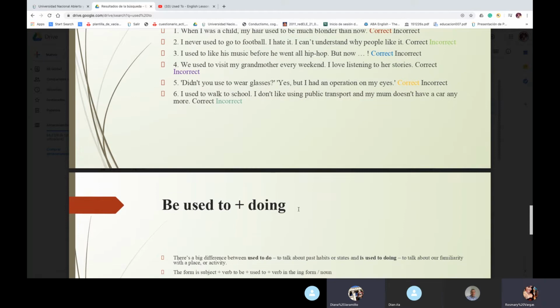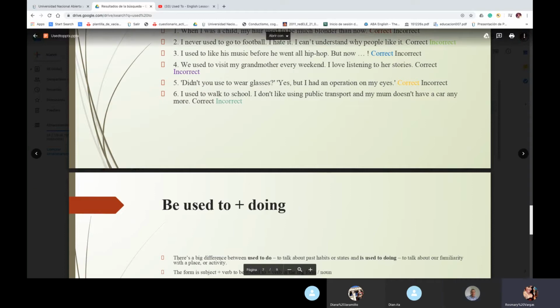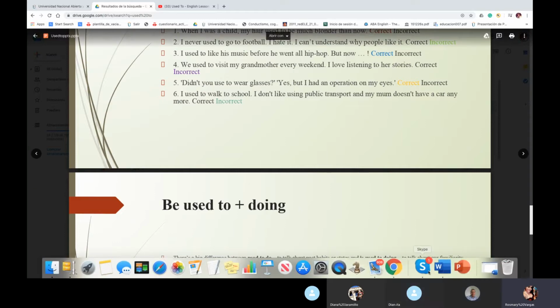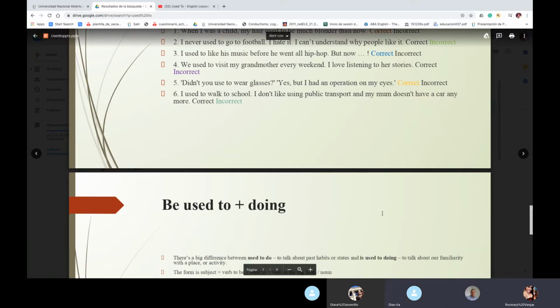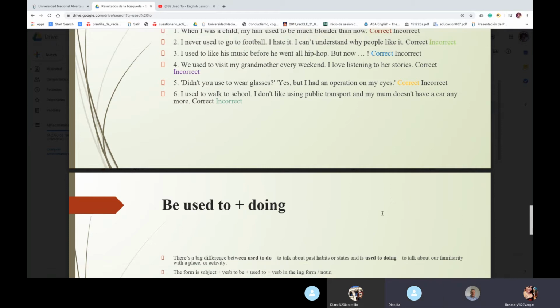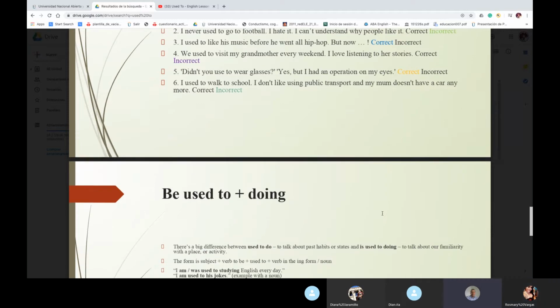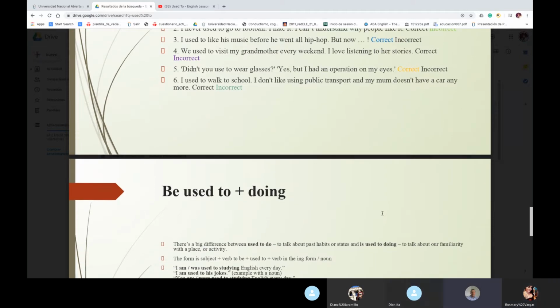So the third one. I used to like his music before he went all hip hop, but now... Diana, two. I used to. Correct or incorrect? I think it's correct.